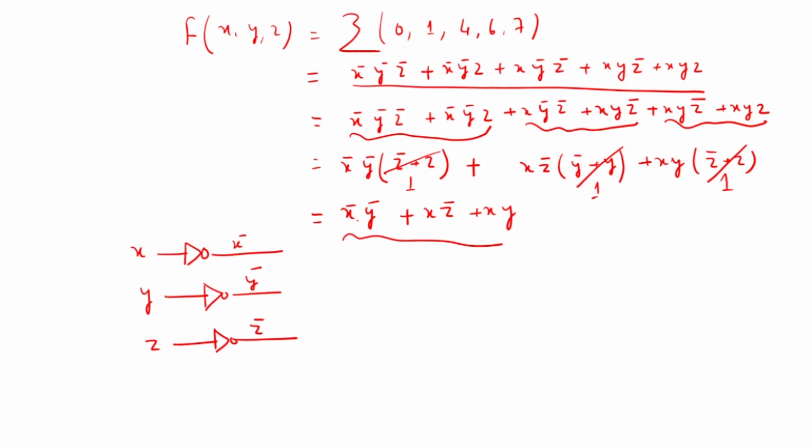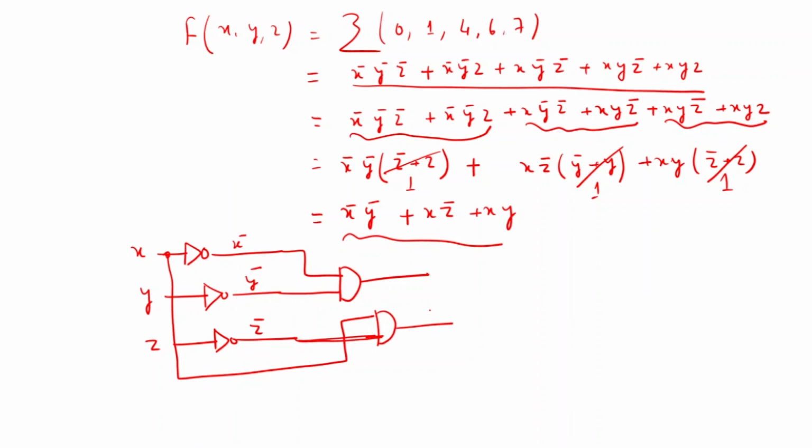Then for the first term only one AND gate of 2 inputs, x complement and y complement, represents the first term. Then x z complement: we take the value of x from here, and the second input, z complement, is taken from here. We apply one AND gate. This represents x z complement.